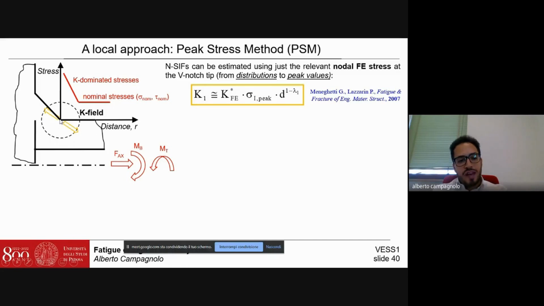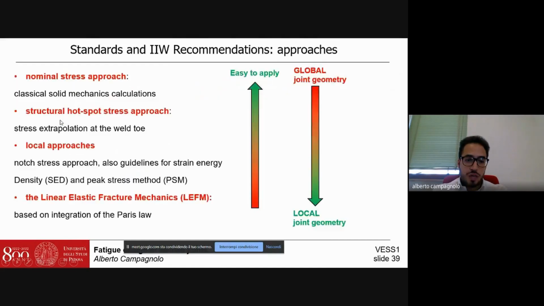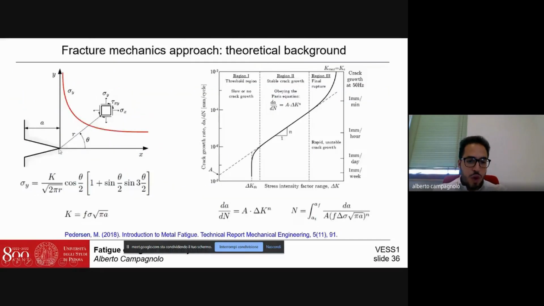We know very well that this stress using coarse meshes is not convergent, since the convergent stress would tend to infinite. We have seen in a previous slide that when analyzing a sharp notch or a crack, the stress tends to infinite. So using a coarse mesh, you cannot catch this behavior.